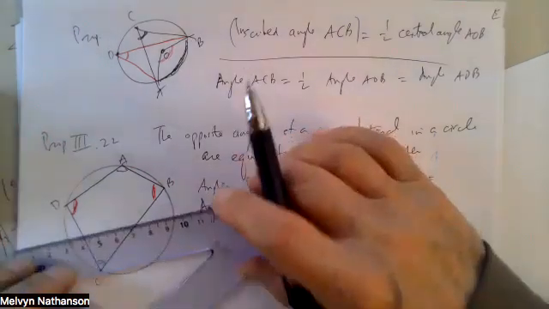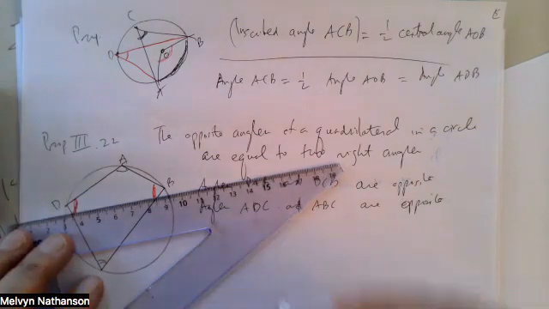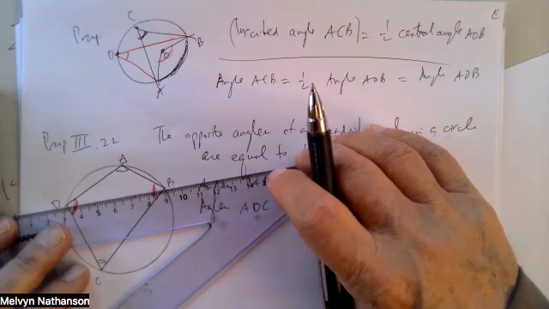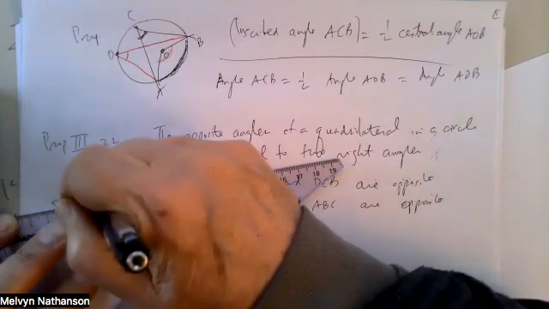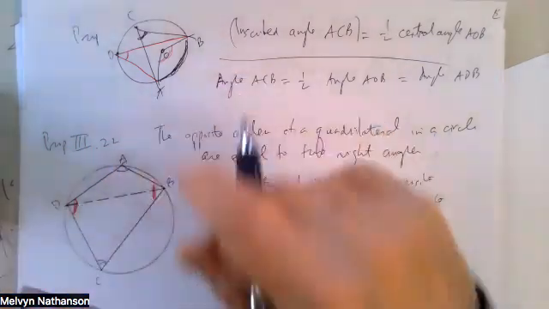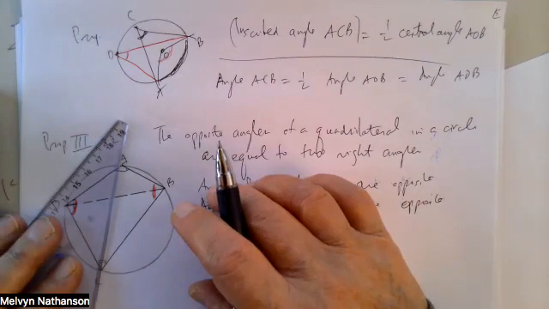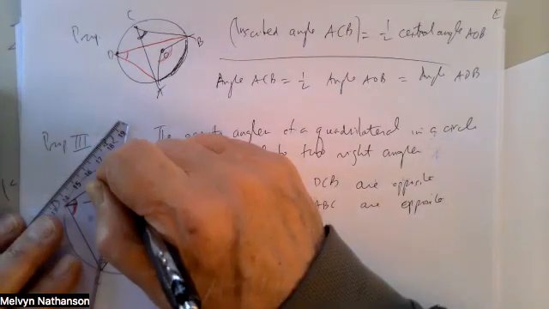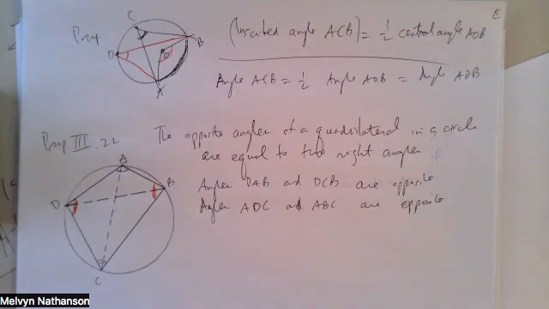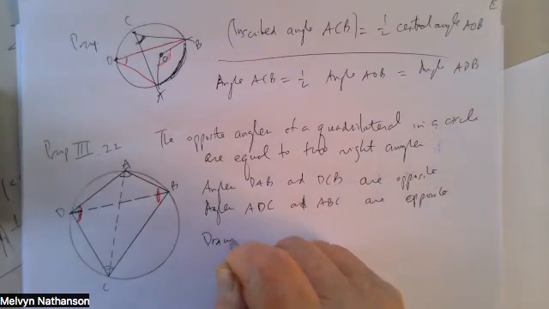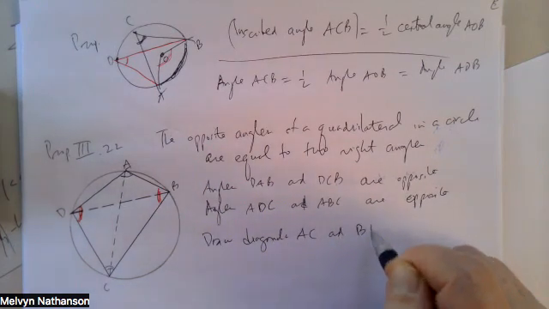So let's draw the line from D to B. And the line from A to C. So we draw the diagonals AC and BD.